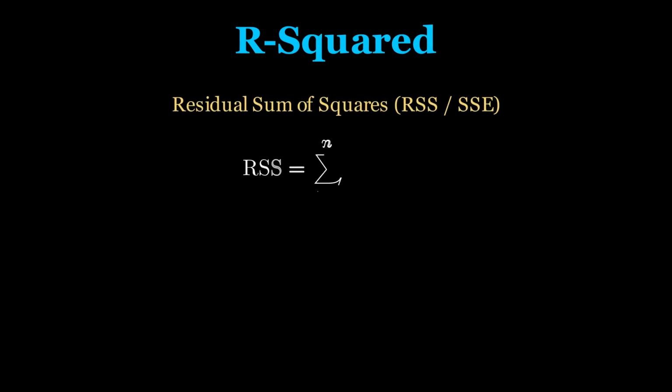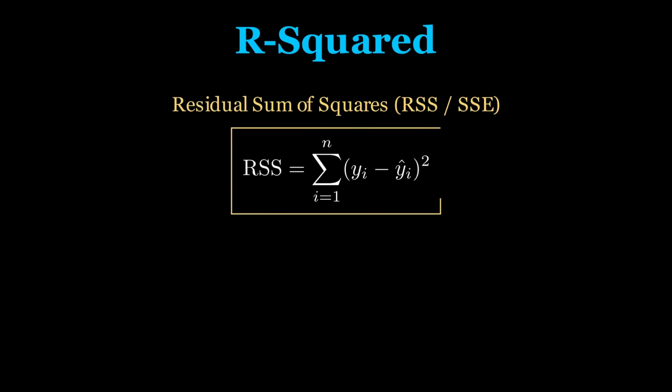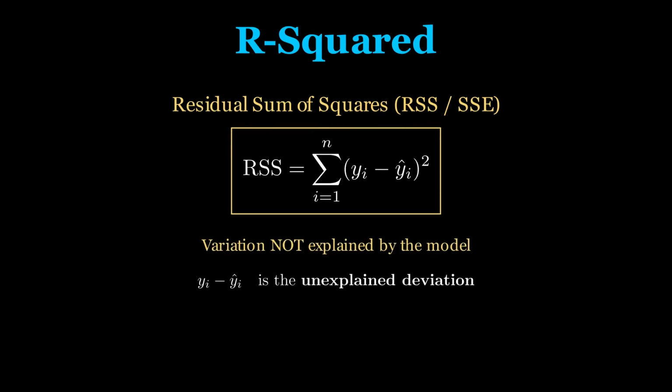Next, RSS, the residual sum of squares, also called the error sum of squares, or SSE. Why not ESS? I don't know, it's just a convention. RSS equals the sum of y sub i minus y hat sub i quantity squared. This captures the variation not explained by the model. The term y sub i minus y hat sub i is the unexplained deviation, or simply the residual.